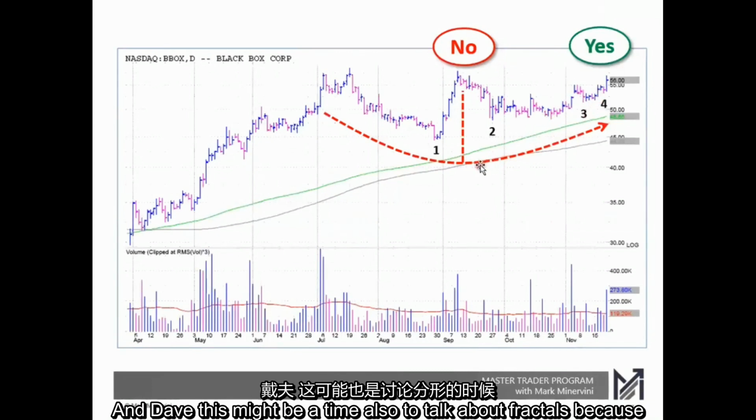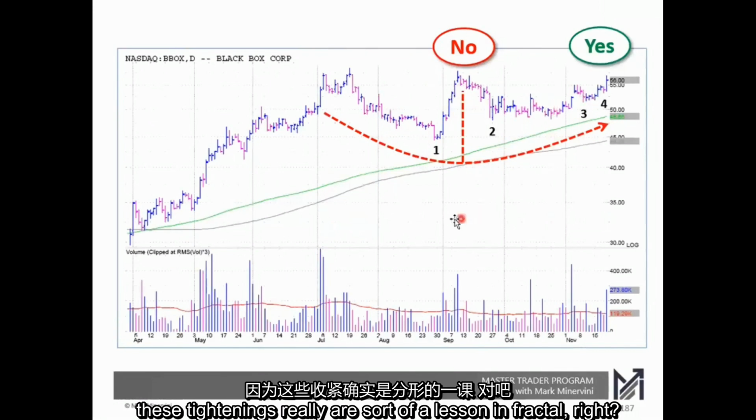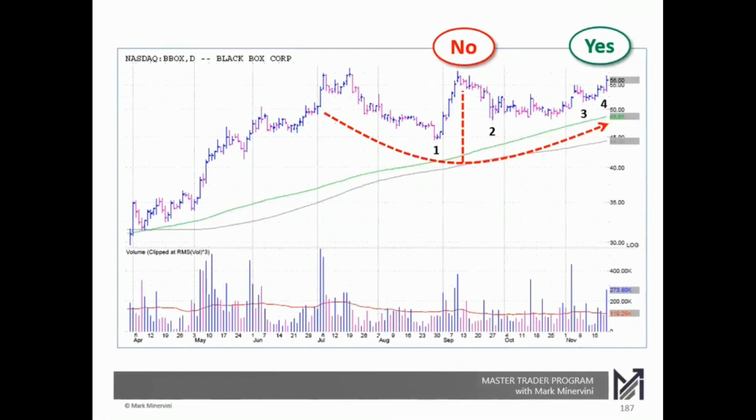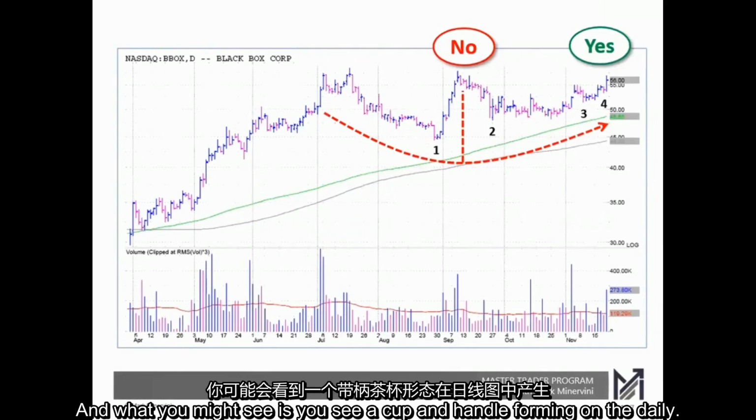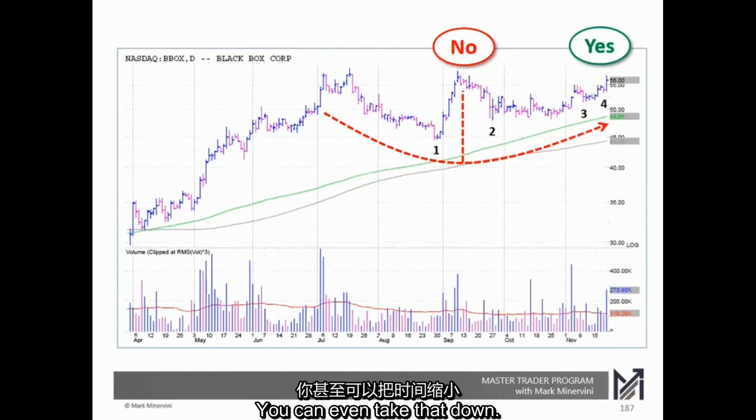And Dave, this might be a time also to talk about fractals, because these tightenings are sort of a lesson in fractals, right? Yeah, well, a fractal is a pattern within a pattern. And what you might see is a cup and handle forming on the daily. And you can even take that down.